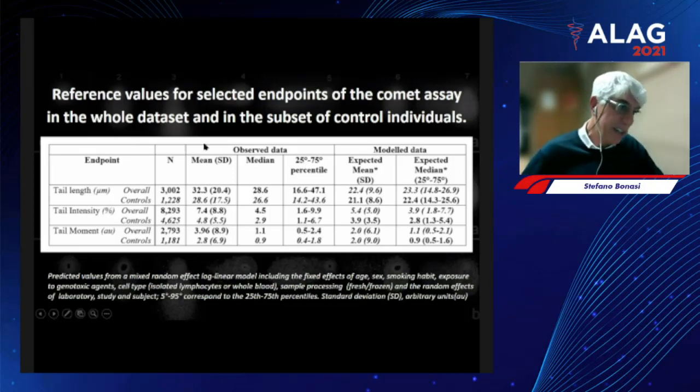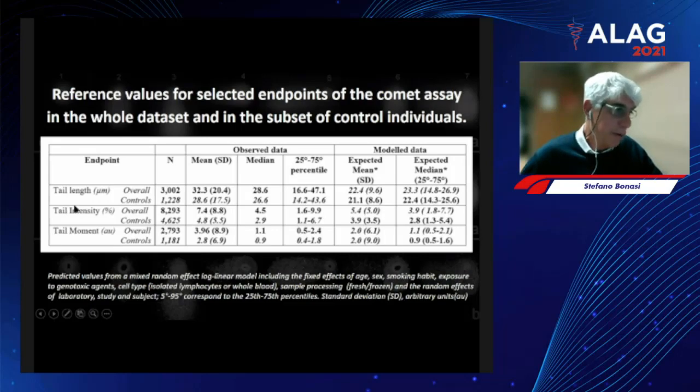And these are the observed data. I just stripped on the model data that come from a model which included random effect. That was a mixed random effect, log linear model. So thanks to this modeling, we were able to take into consideration confounders and come out with intervals.